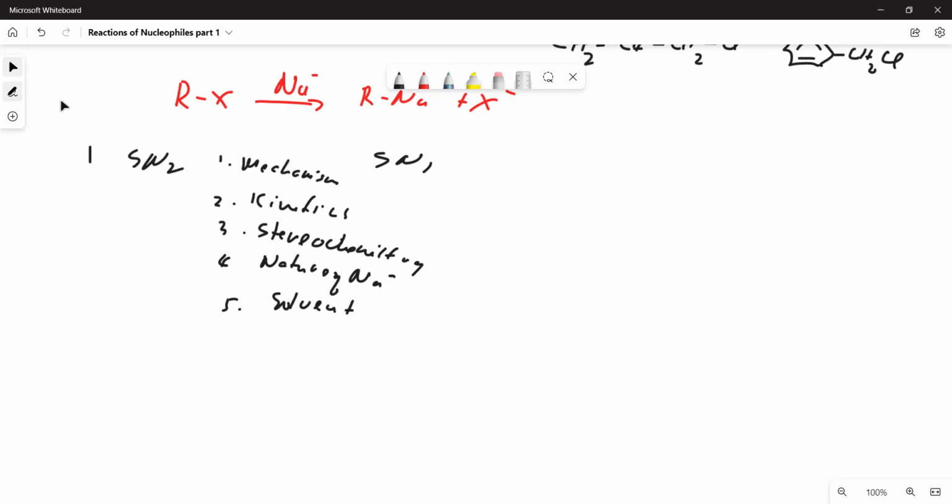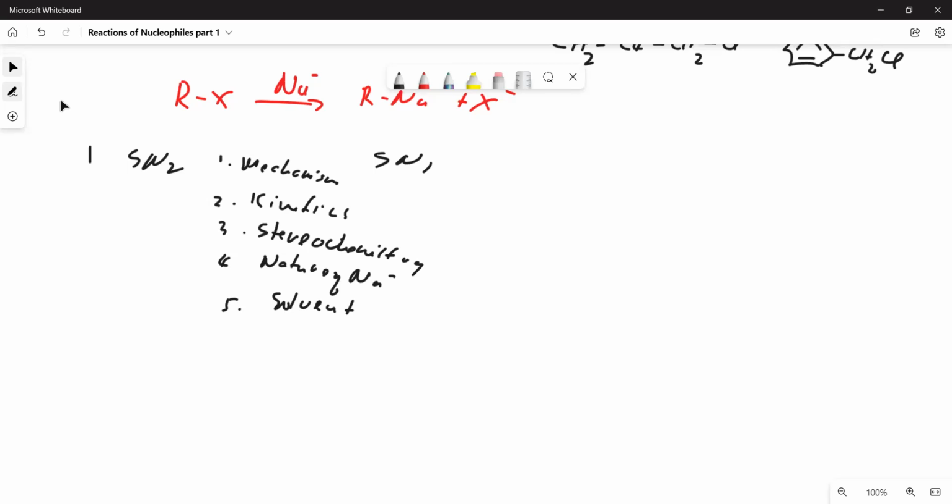In SN1 reaction, you have nucleophilic substitution unimolecular. There is only one reactant involved in the formation of not a transition state, but an intermediate state. These two mechanisms vary in terms of activation energies.